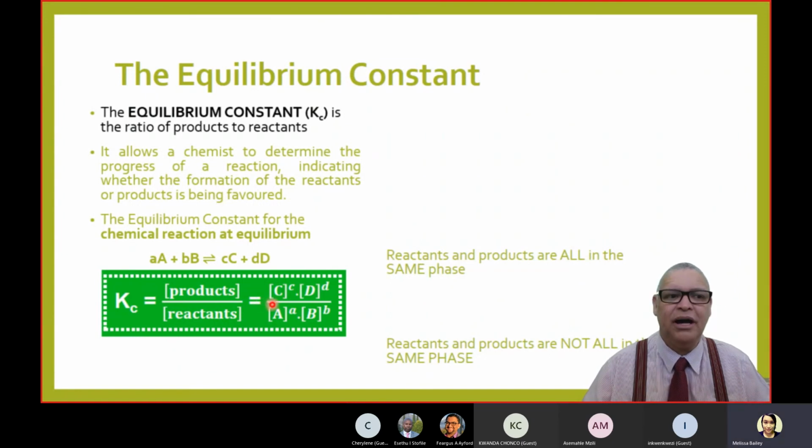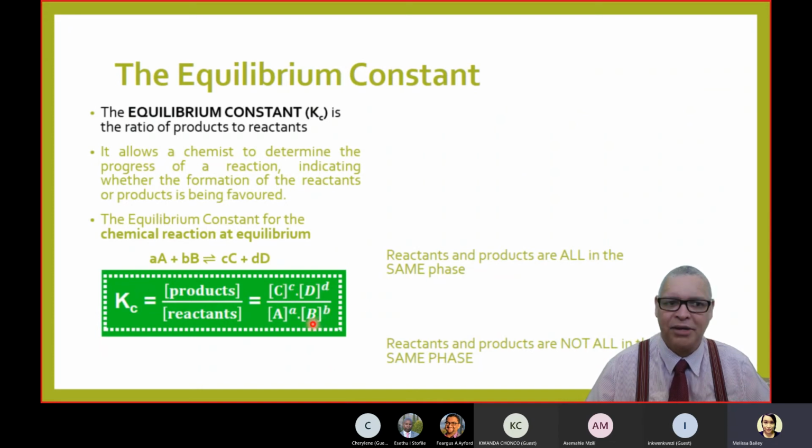And that's equal to, there we have it, in the numerator, there we have our C, the concentration of C, and the number of moles is put as an exponent. So there's c moles of compound C, d moles of compound D, right? Those are the products, divided by a moles, there's the a moles there, of compound A multiplied by b moles of compound B.